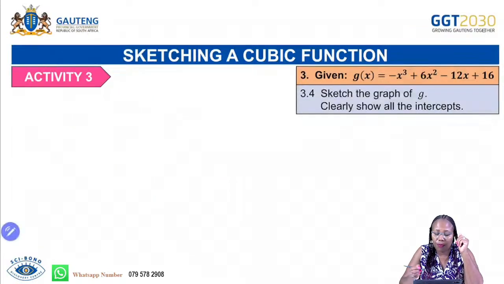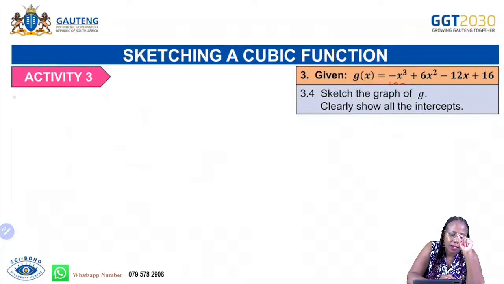Now move to 3.4, sketch that particular graph. Remember you need to identify the shape. It's very important. In this case, our a is less than 0, meaning it is negative.